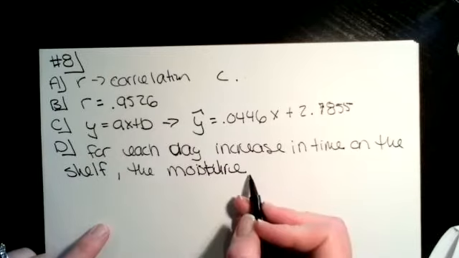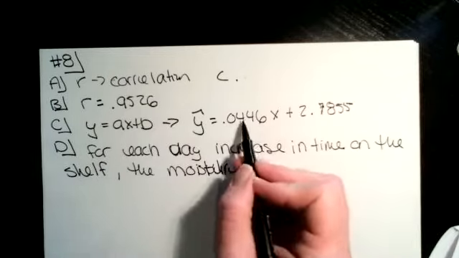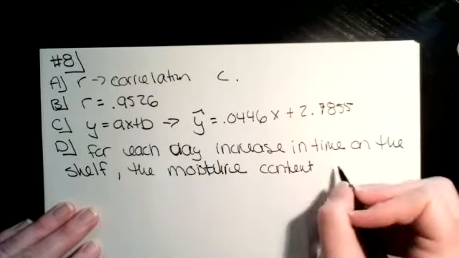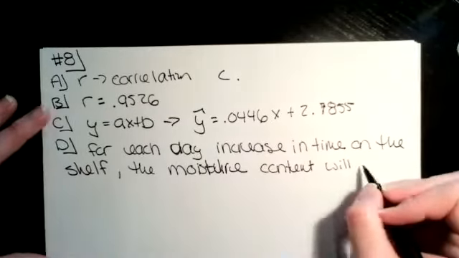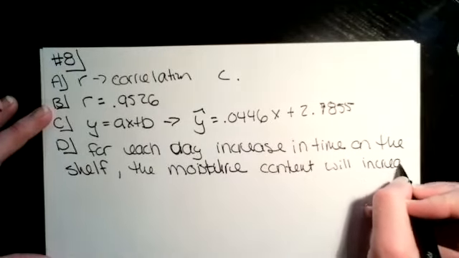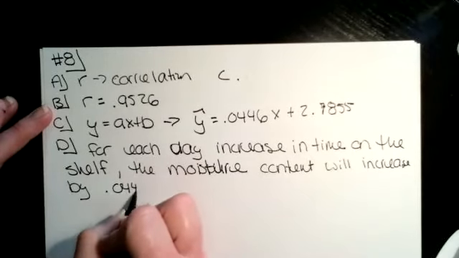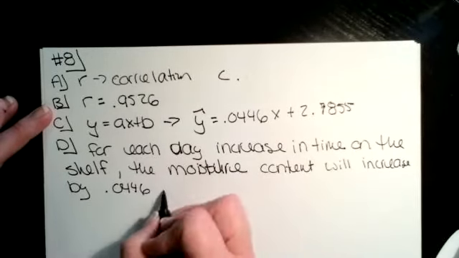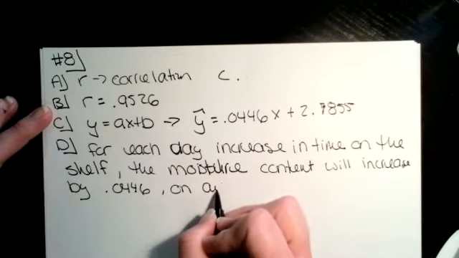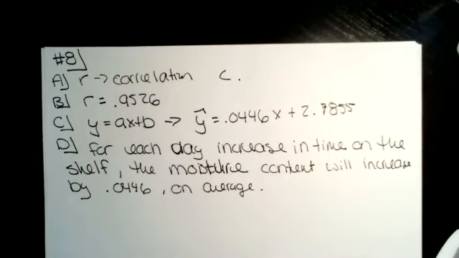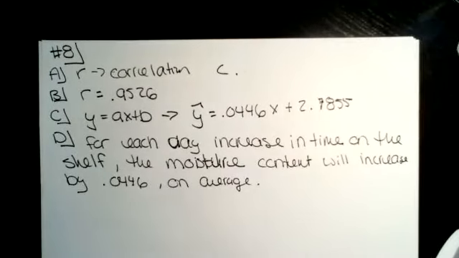So I want to say my y will increase or decrease by this. So my moisture content will increase, because it's positive, by that slope, 0.0446. And I'm just going to say on average. If you left off the on average is fine. I'm not that much of a stickler about it. Okay, that is my interpretation of slope.